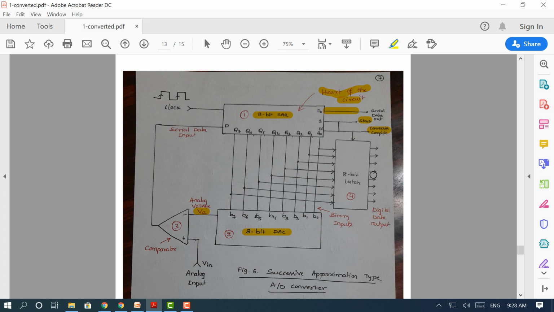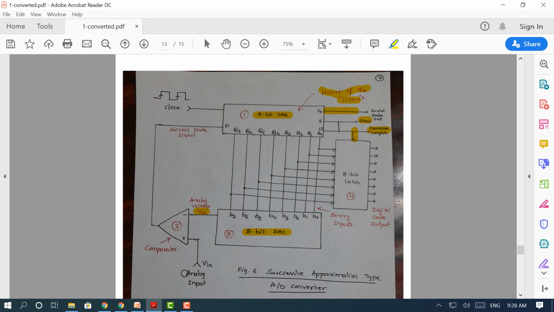The converted digital values appear here. So we extract the data from the 8-bit output of the 8-bit SAR. Depending on the signal here, if it is high, only then this latch registers the values of Q0, Q1, Q2, Q3 up to Q7. Once that data is latched, it appears at the output of the latches. So this is the digital data output.